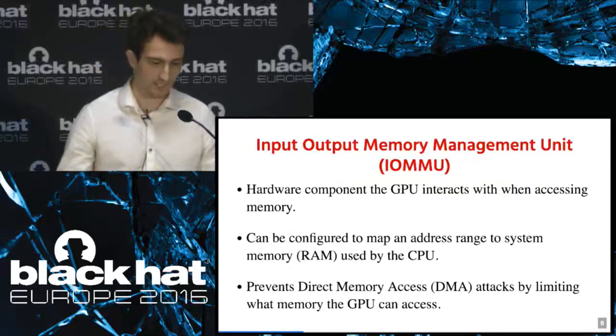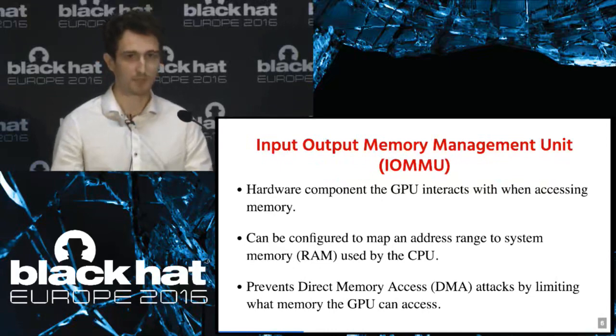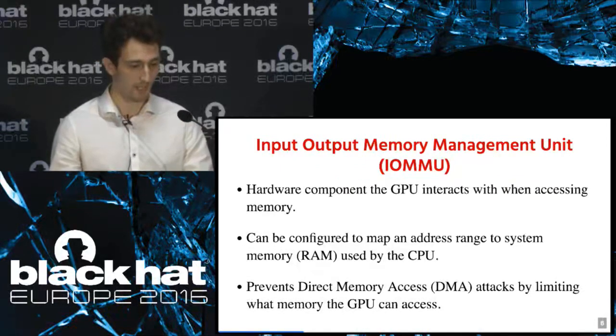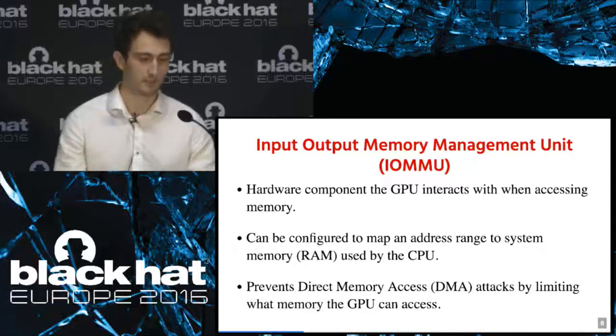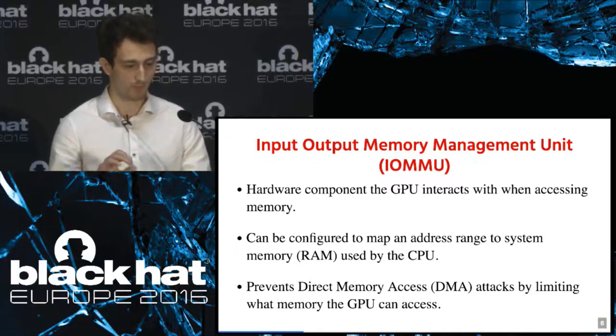So now we'll discuss what the IOMMU is. It's called the Input-Output Memory Management Unit, and it's very similar to the MMU. So basically, the IOMMU is a hardware component the GPU interacts with when accessing memory, and it can be configured to map an address range to system memory, which can be used by the CPU. Please note that the term IOMMU is not something specific to the GPU.